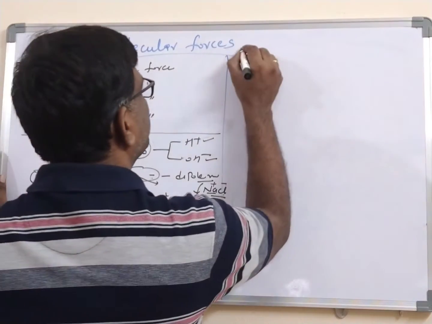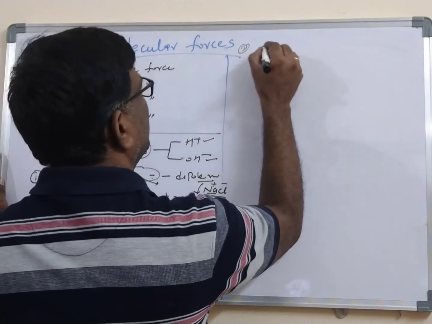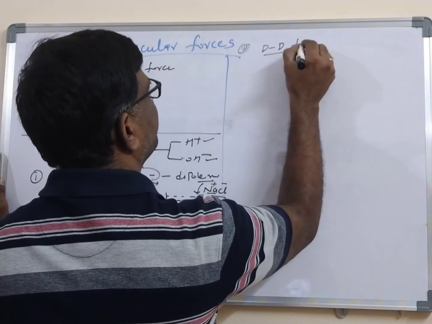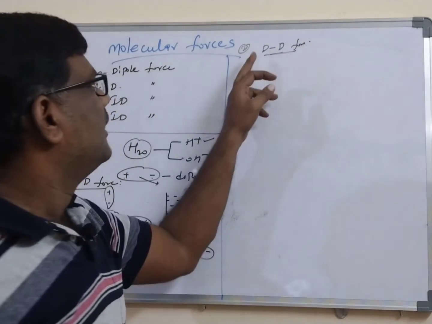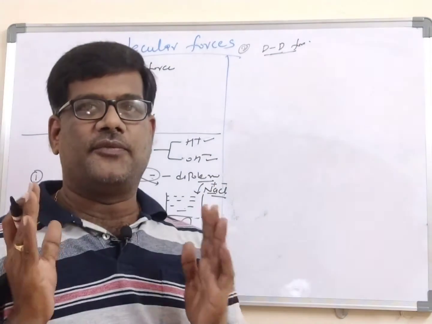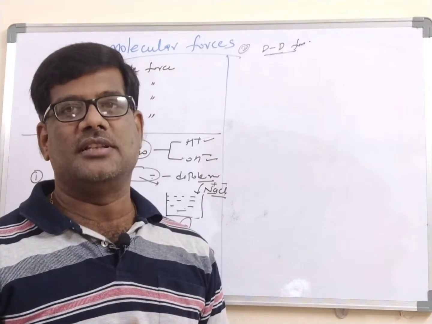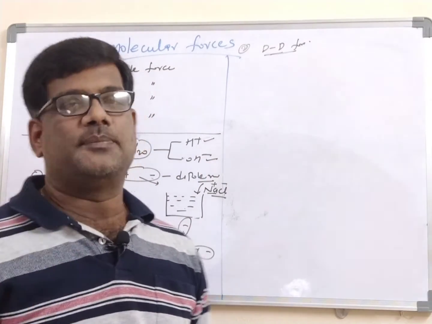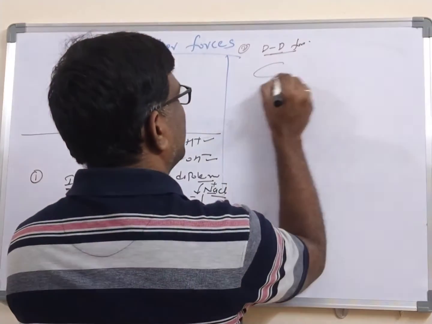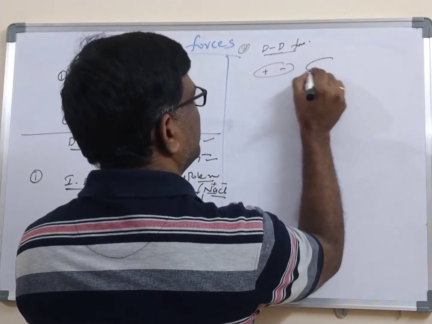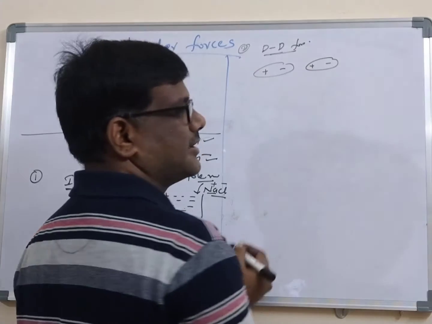That's all. Number 2 is the dipole force. Here it is clearly mentioned: one dipole, another dipole. A force that operates between one dipole molecule and another dipole molecule is called the dipole force. Look here. I am taking a plus minus one dipole molecule and a plus minus another dipole molecule.